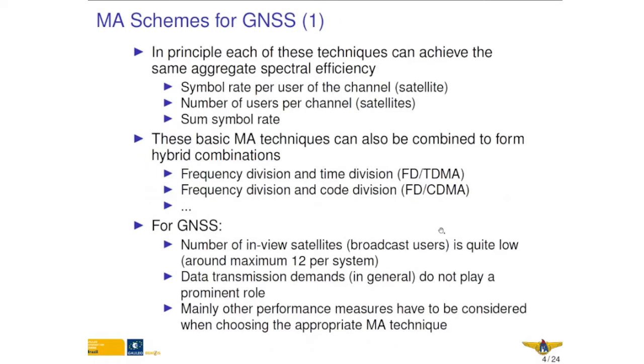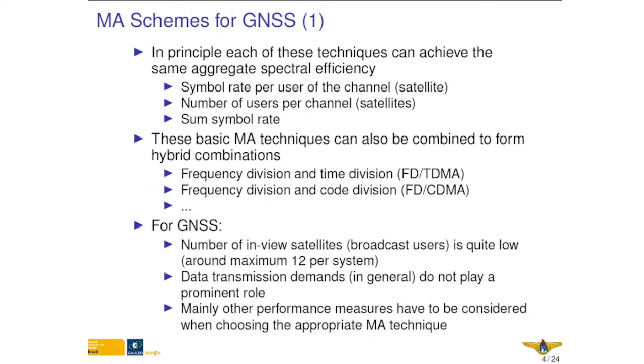In principle, each of these techniques can achieve the same aggregate spectral efficiency. So what do we mean by this? The symbol rate per user of the channel, times the number of users per channel, the sum symbol rate, is the same for all these techniques. So none of these techniques in this sense are better.